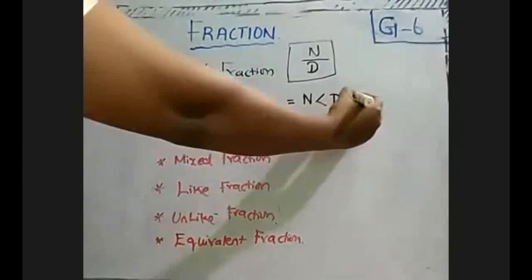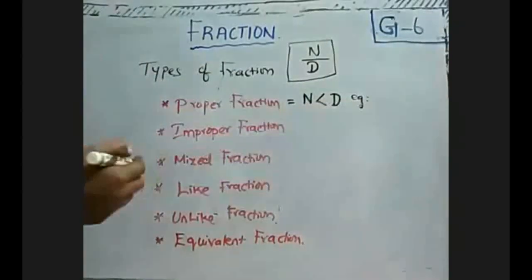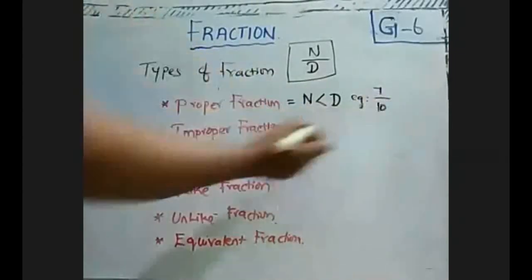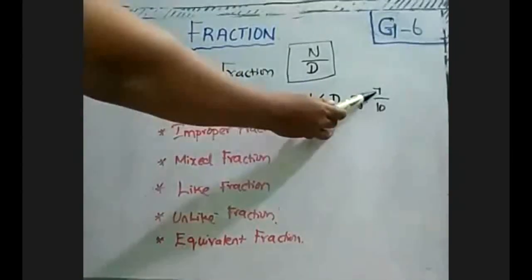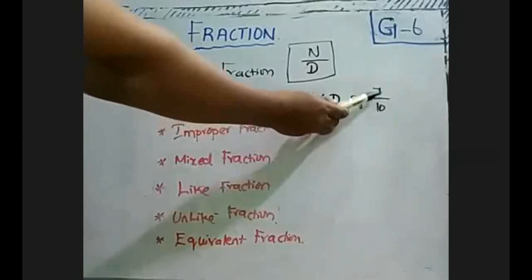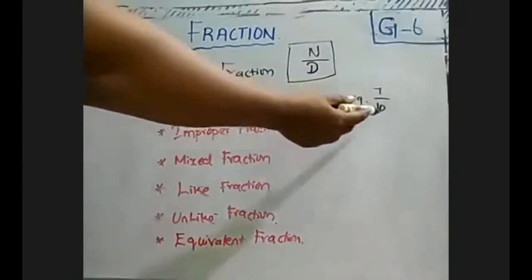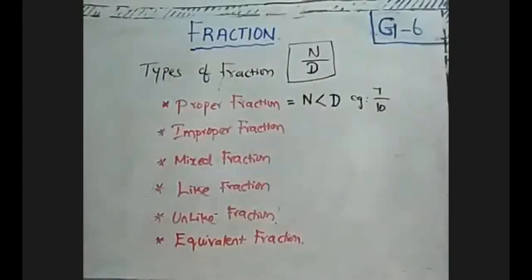For example, 7 by 10. You check this, the numerator is smaller when you compare it with the denominator. So this type of fraction is called a proper fraction. Next, improper fraction. What is meant by improper fraction?